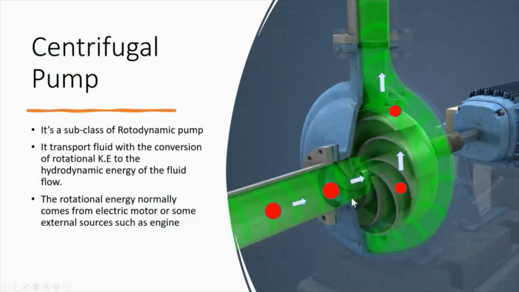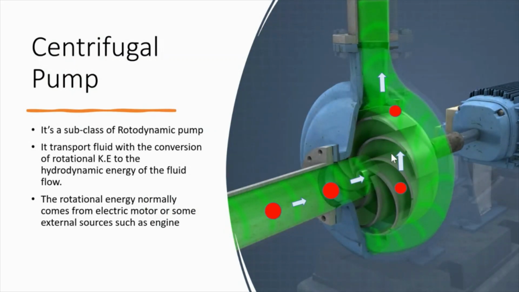So this is just another cross-sectional view of a centrifugal pump. I think the picture explains a lot. There's a common misconception about centrifugal pumps that these little blades, these gaps, cup the water, take it up, and then let it out.